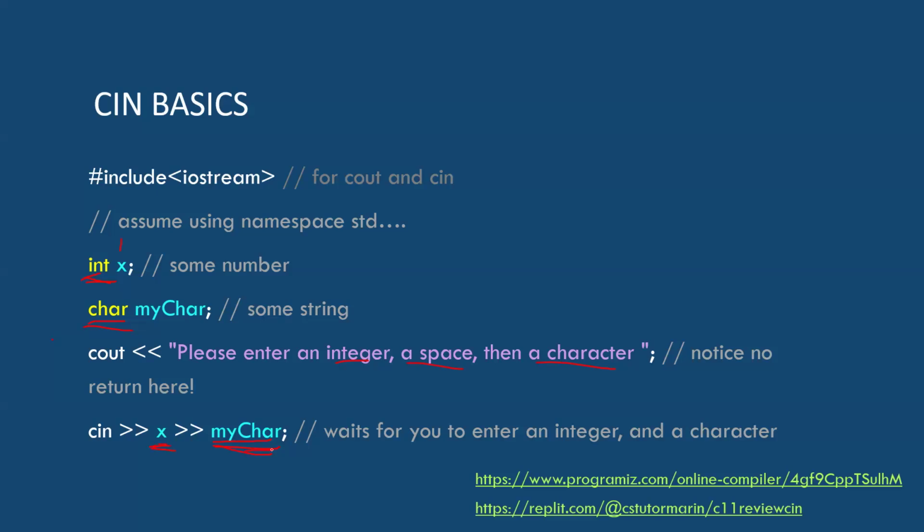It sort of does what you would expect it to do. It allows the user to type in some number, give me a space, and then a character. If you put a comma in there, that wouldn't work. You would need cin.ignore, and then you'd have to eat the comma somehow, and then you'd have to eat the character that we want our user to type in.